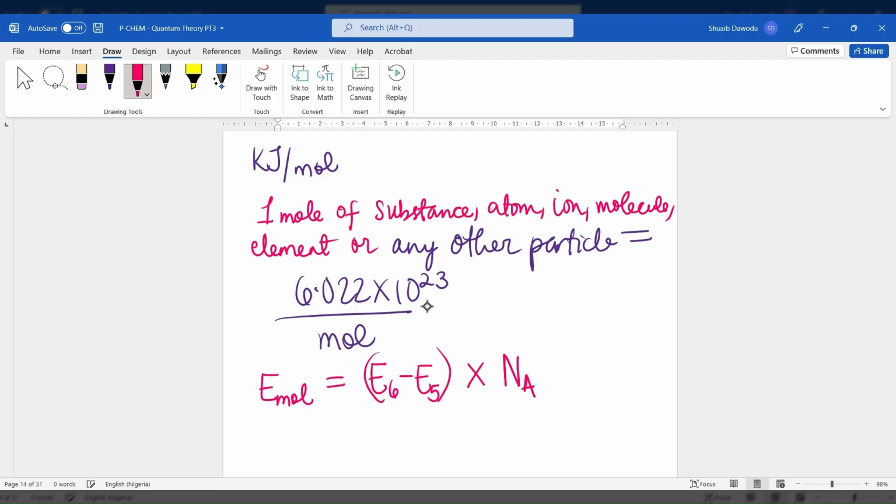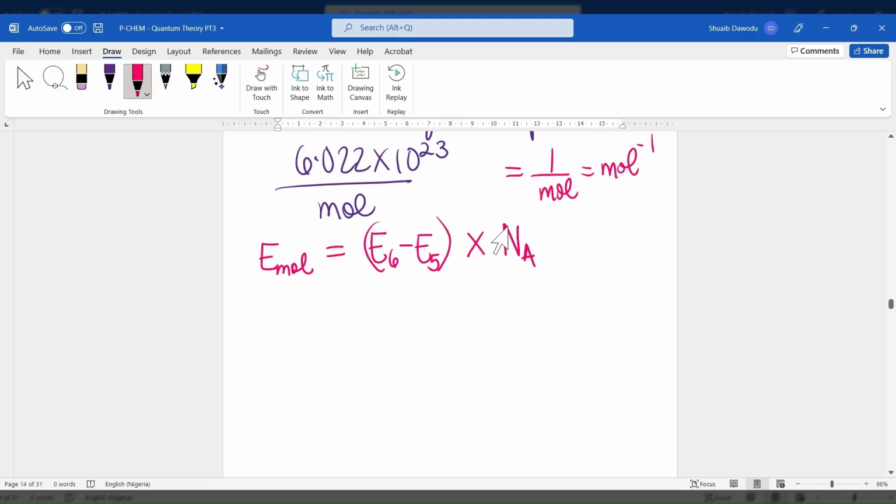Don't forget Avogadro's unit is simply 1 over mole, or mole raised to the power of -1. Because we know that, Avogadro's number times E sub 6 minus E sub 5, we can now proceed to continue the work.